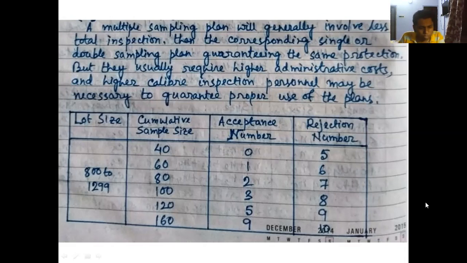Why less total inspection? Because you will have a lot of lots to test, and each lot will have fewer total items. So you need to check a lot of lots.